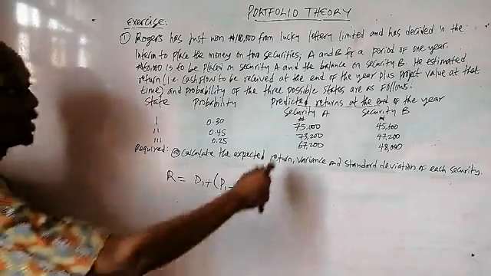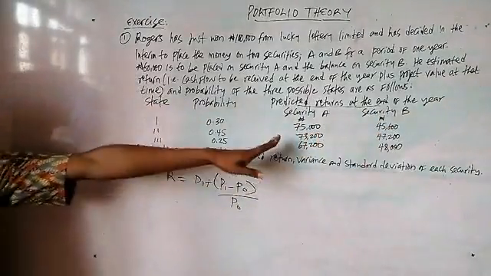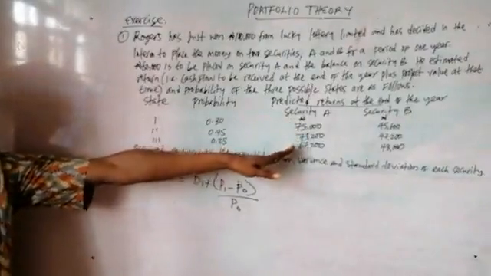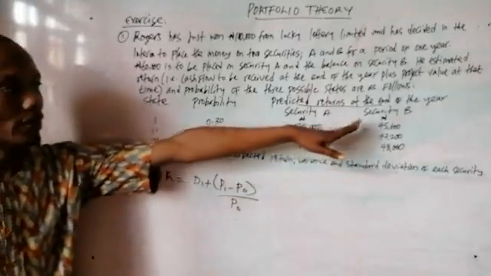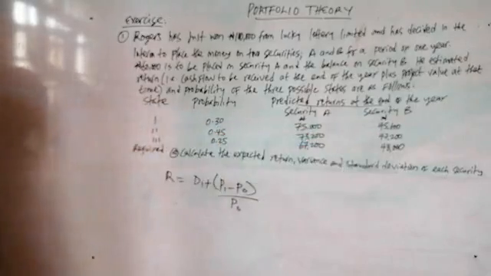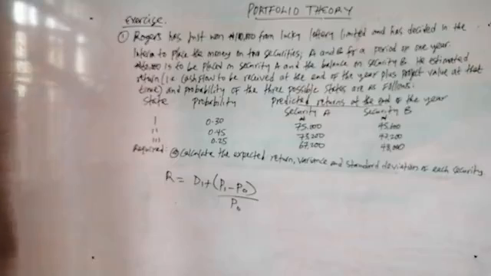So we have projected return at the end of the year, for each of these 75, 73, 67, on and on like that. And for security B, we have it as well. So we need to calculate for security A and security B in order to get our return. It's the return that we are going to use in the long run to solve for our expected return.